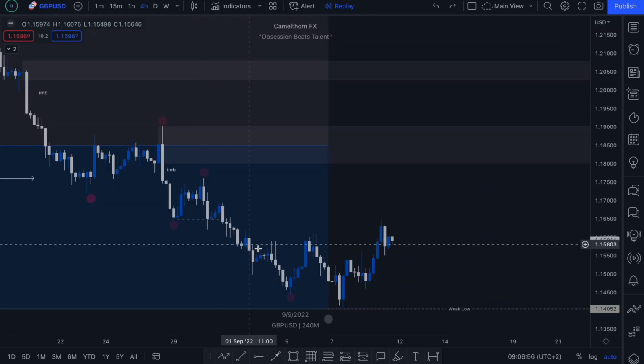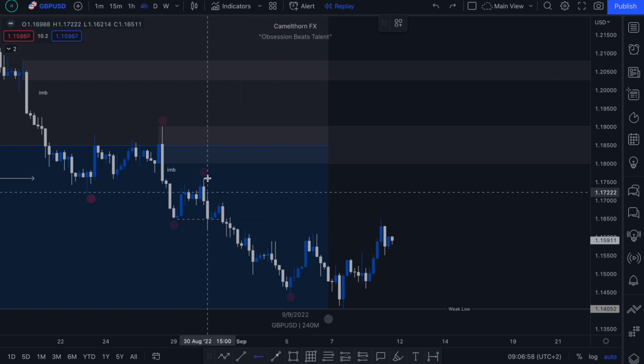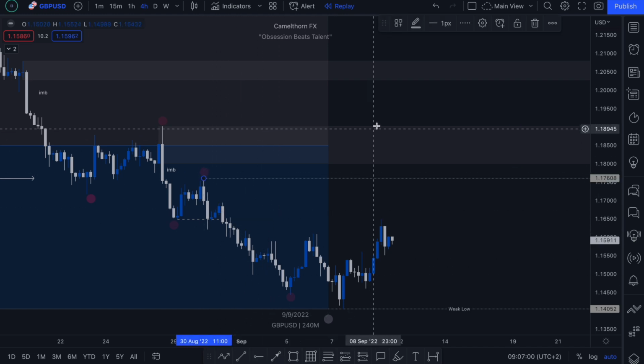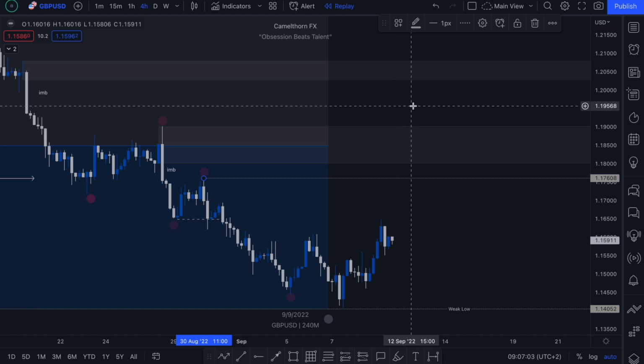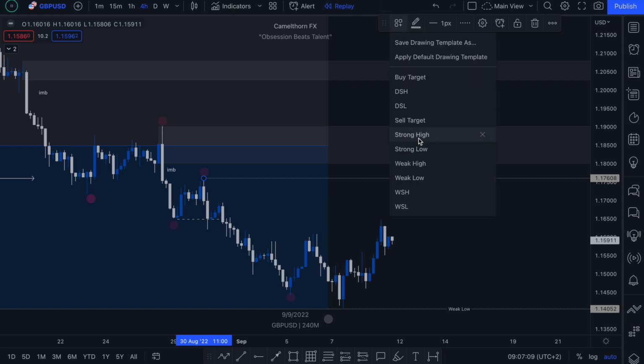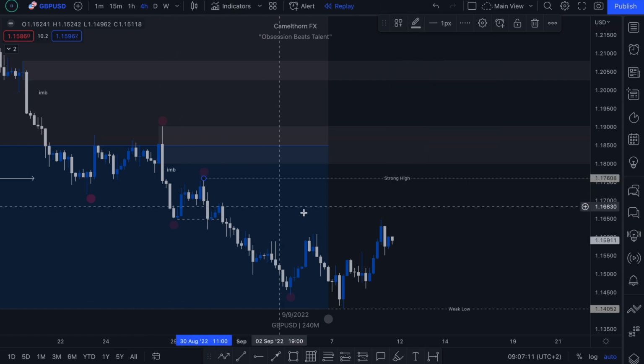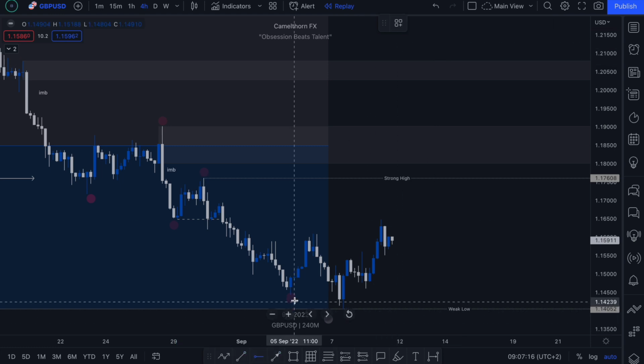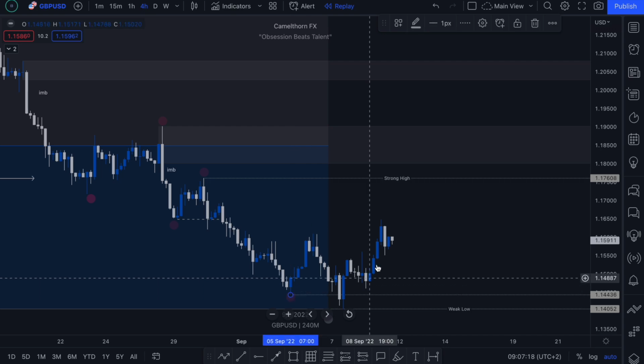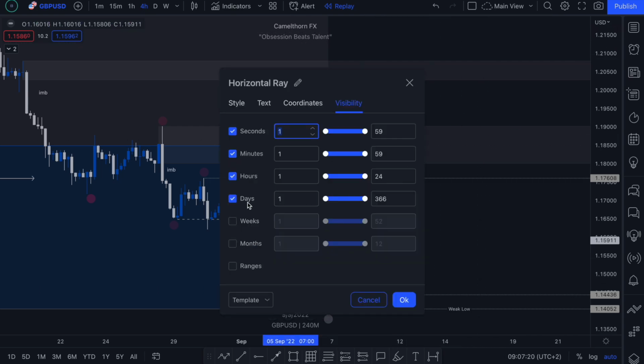And what this does is generate another bearish leg for us here. However, this time this bearish leg is on the 4-hour chart. So this is going to be my strong high on the 4-hour, and then this is going to be my weak low on the 4-hour.